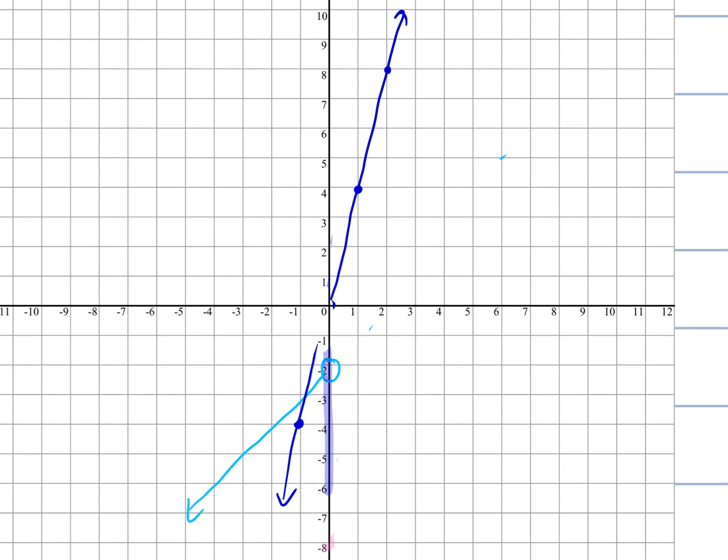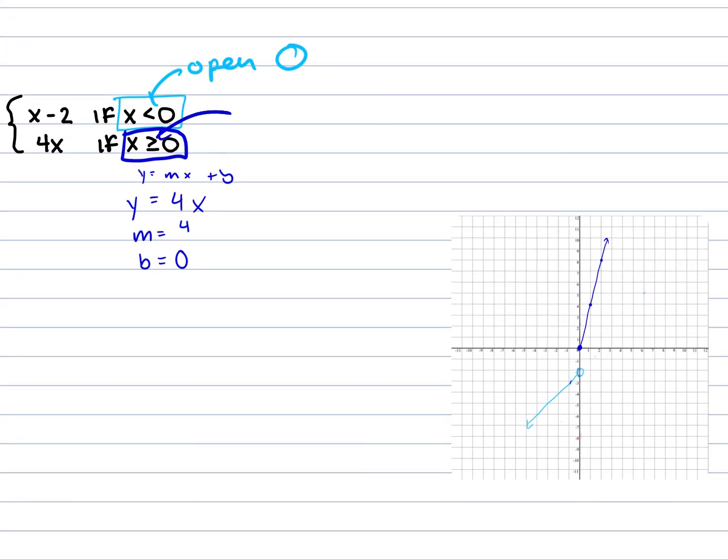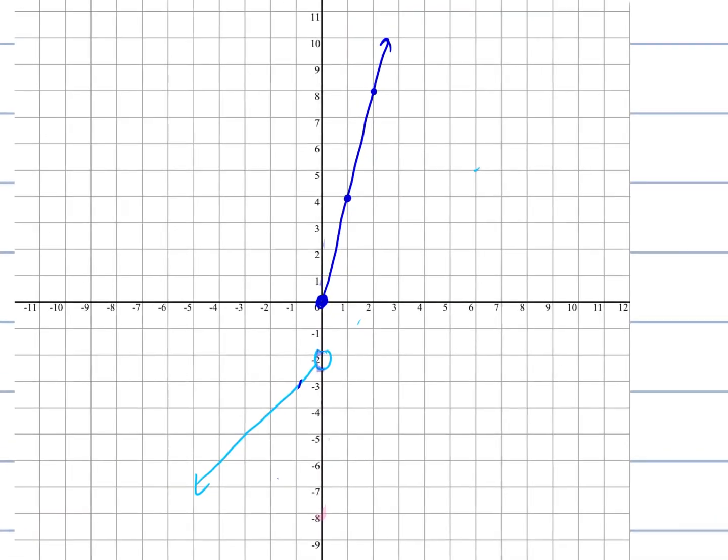Erase everything else. Since it was greater than or equal to, does that mean I have an open circle or a closed circle? Closed circle. So we fill in that dot. So this is our graph.